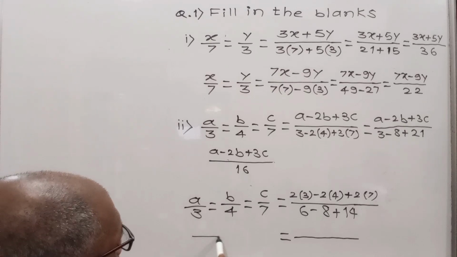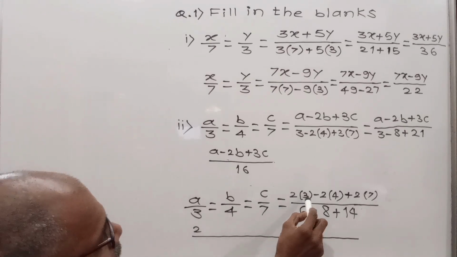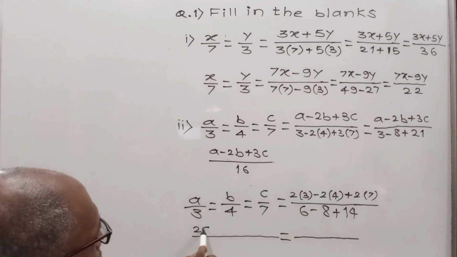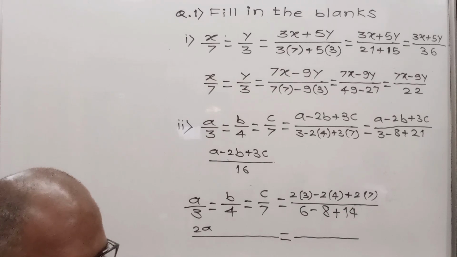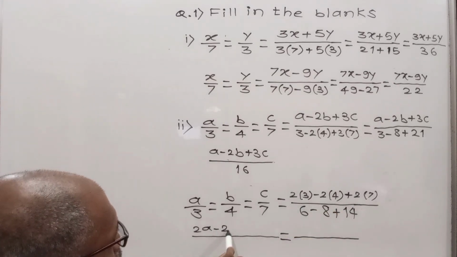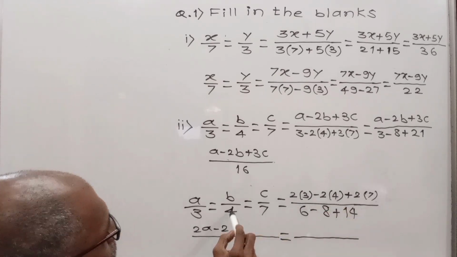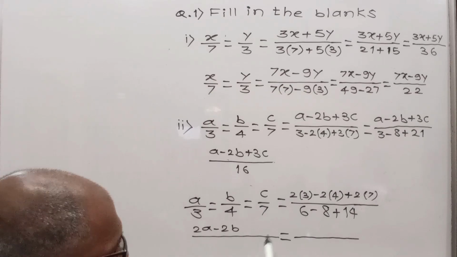Now here, this 3 is the value of a, so instead of this 3 we put a. Minus 2, 4 is the value of b. Very simple method.